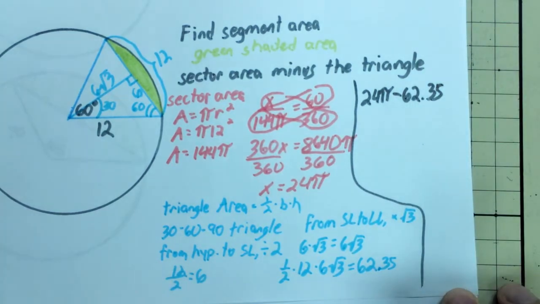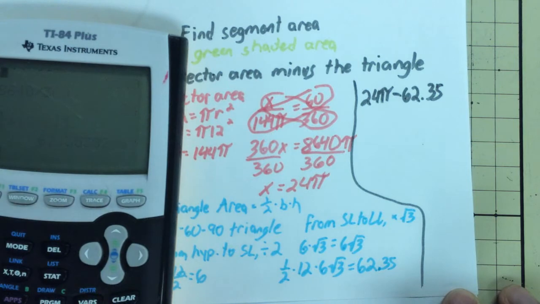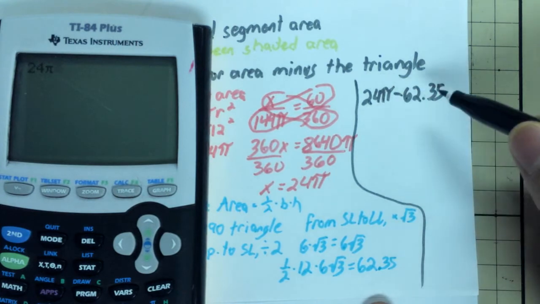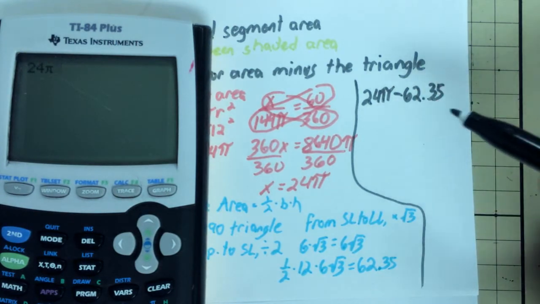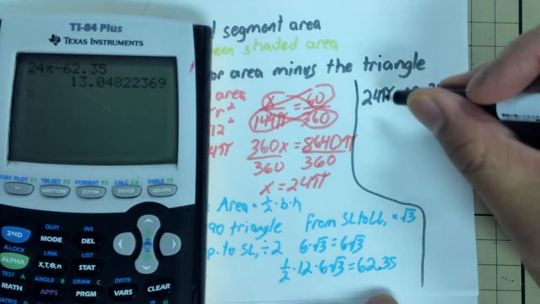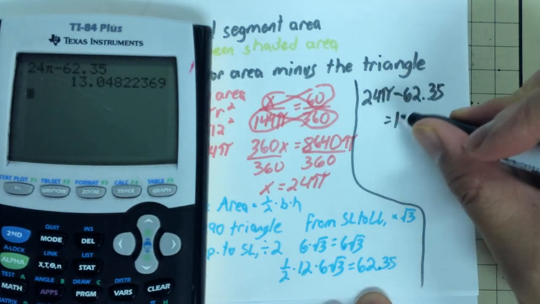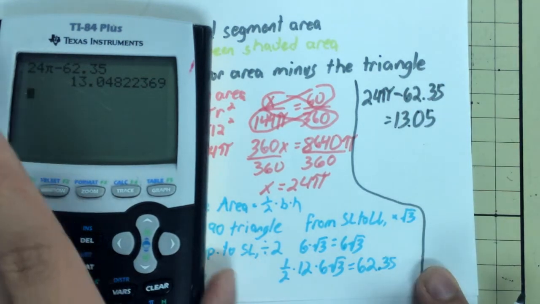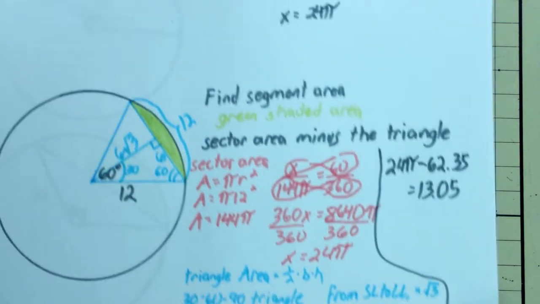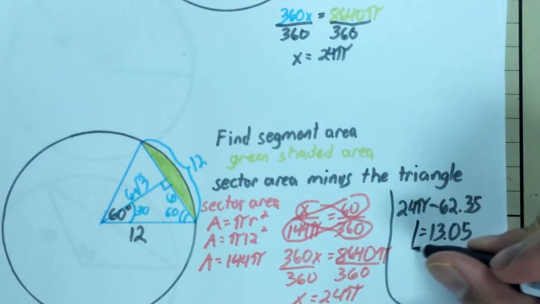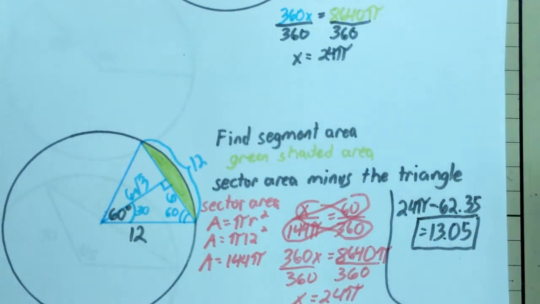This time I do want to type pi in the calculator because I am looking for a decimal answer. Because we are subtracting something with pi and something without pi, I need to have that decimal answer. So this tells you that the area of this green shaded part is 13.05.